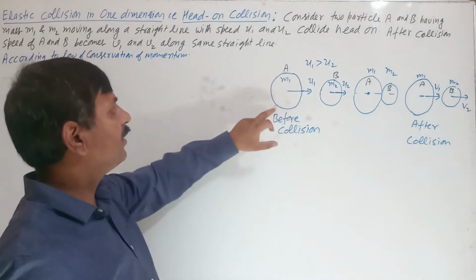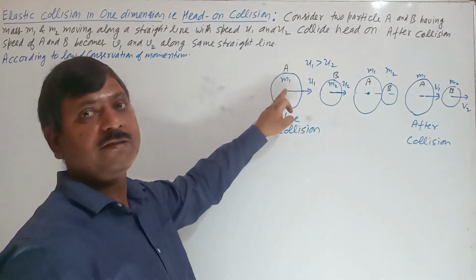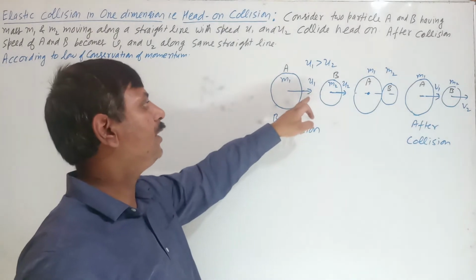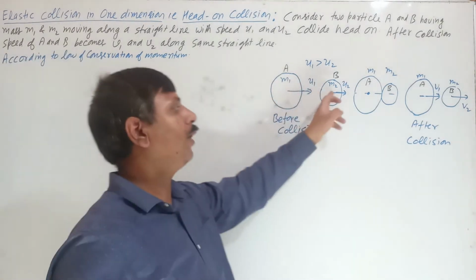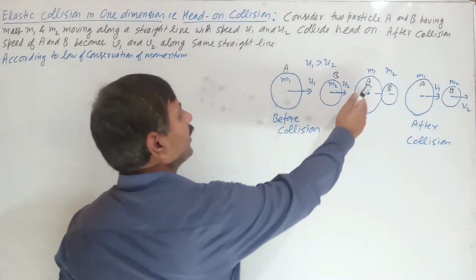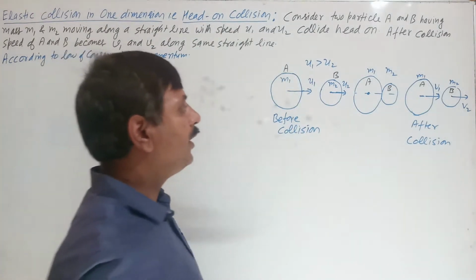See here, I have considered two particles A and B, of masses m1 and m2, moving along a straight line with speeds u1 and u2. u1 is greater than u2, hence they will collide. m1 will collide with m2. Here they have collided and transferred their energy and momentum.